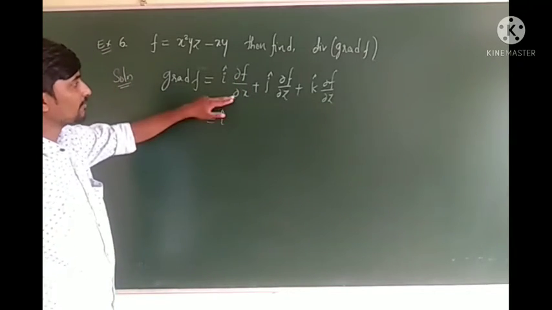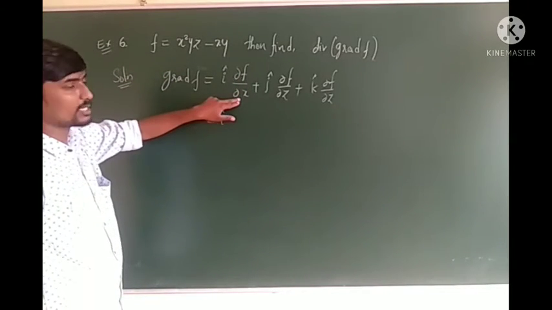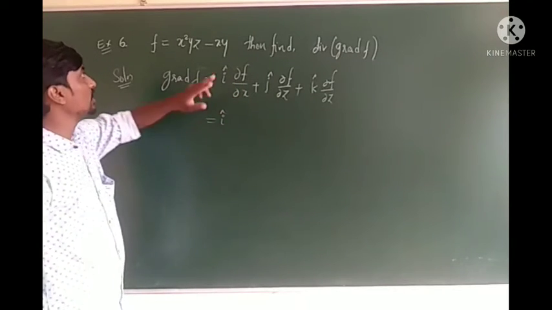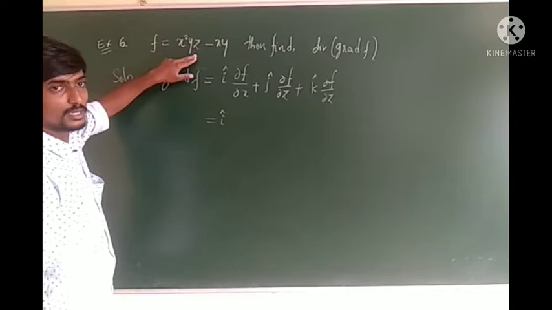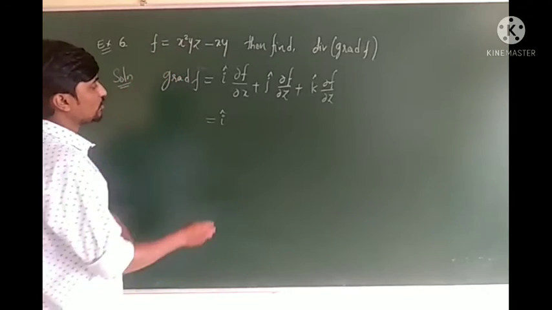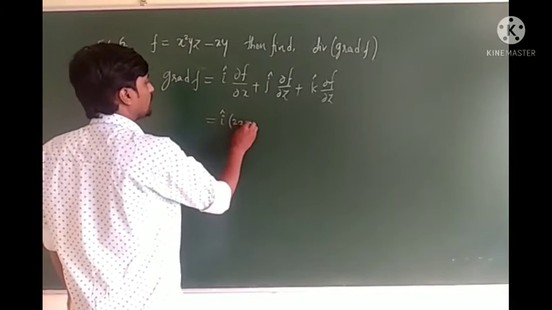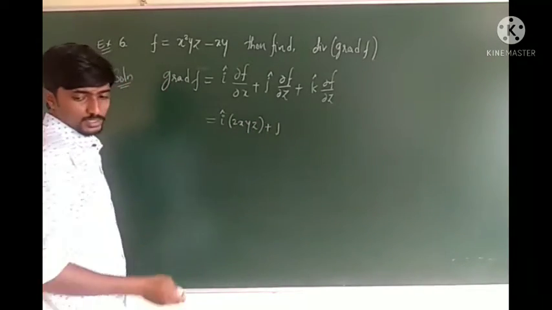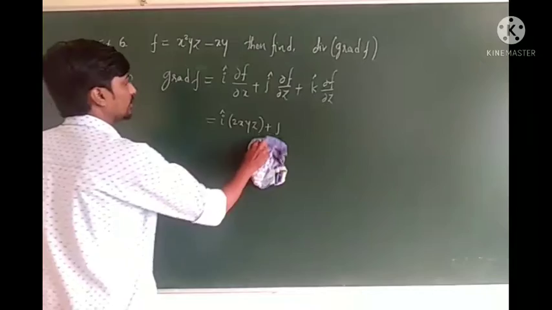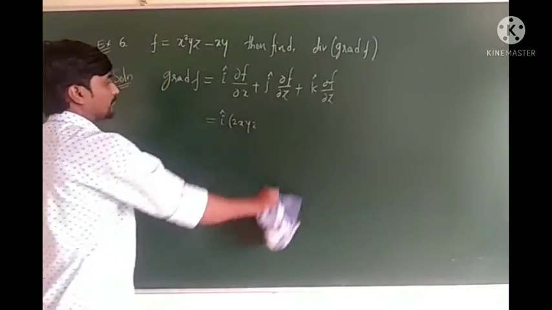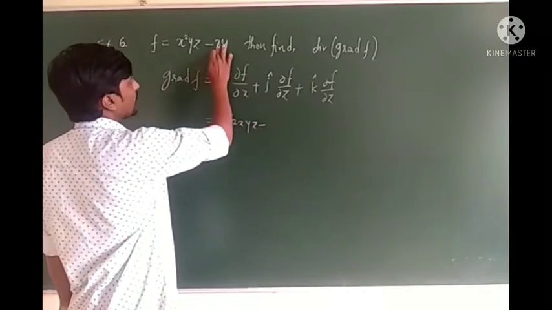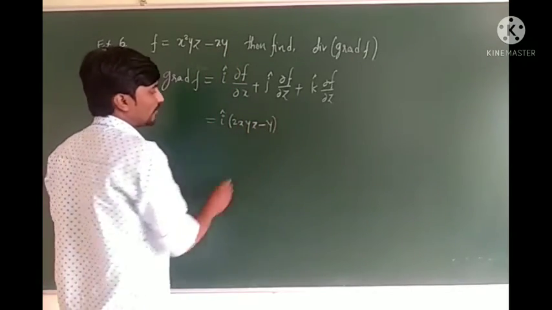So i into dou f by dou x. It means differentiate the given function with respect to x, partially treating the y and z coordinates as constants. So differentiation of x square is 2x, and keep yz as it is, minus differentiation of x, which is 1, so remember y as it is.